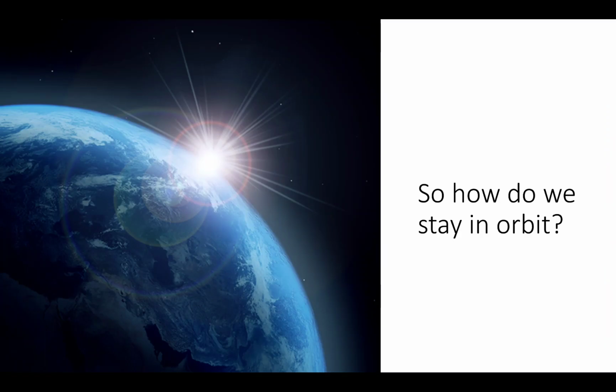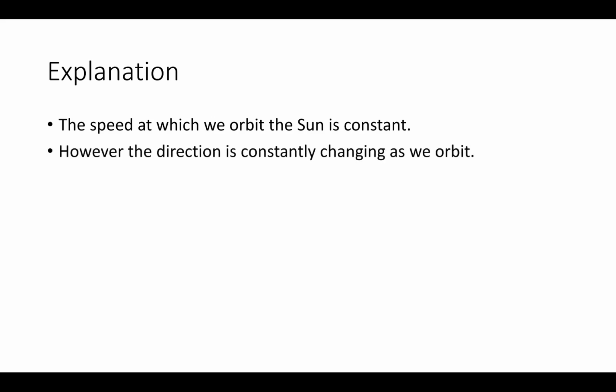So a big question then: how do we stay in orbit? I'm going to give an explanation. The speed at which we're orbiting the Sun is constant, so we're travelling at a constant 1,000 miles per hour. However, the direction that we're going as we're orbiting the Sun is constantly changing.